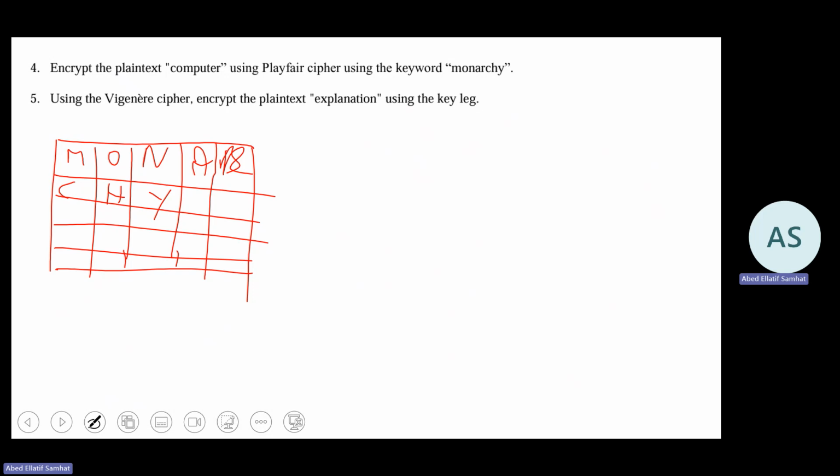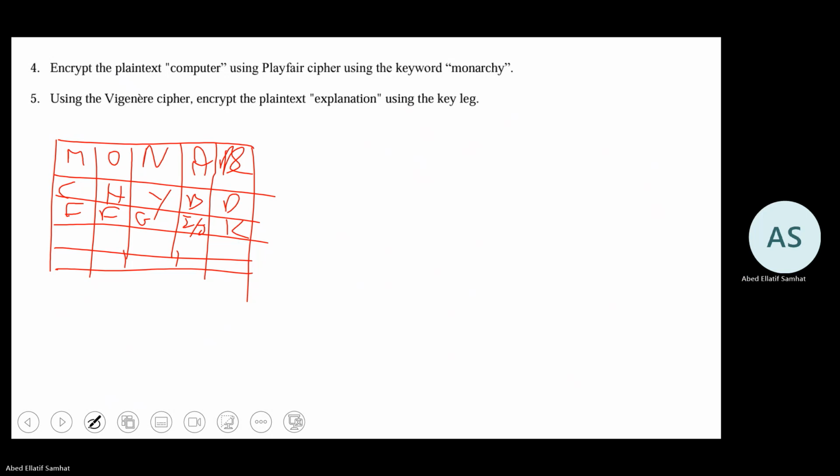So A, B, C already done, D, E, F, G. Remember that I and J should be one letter only.